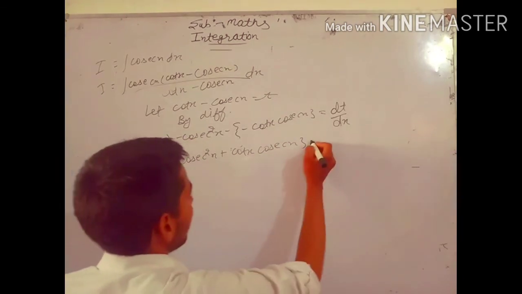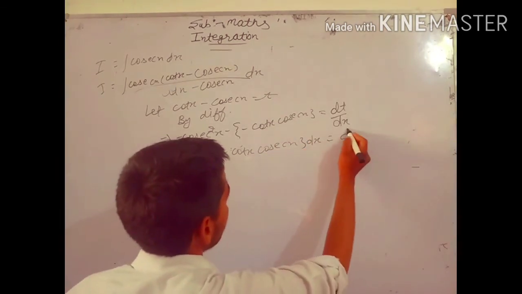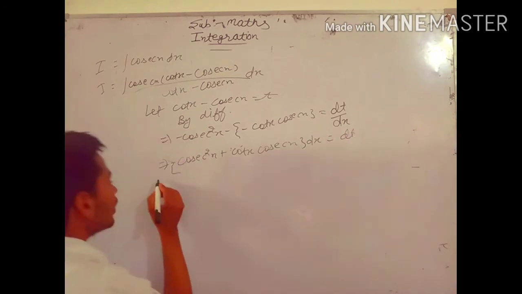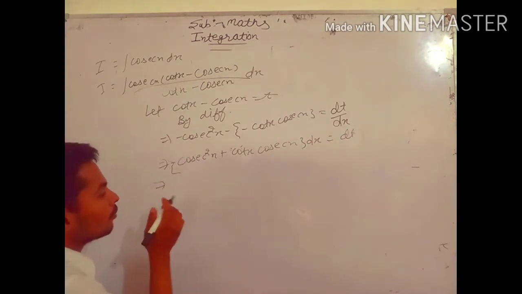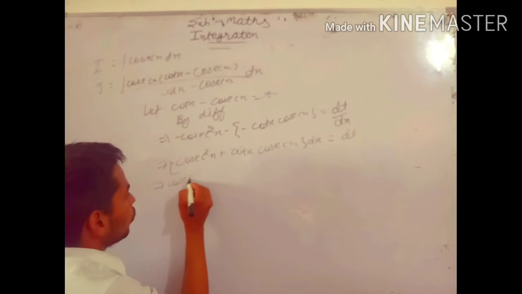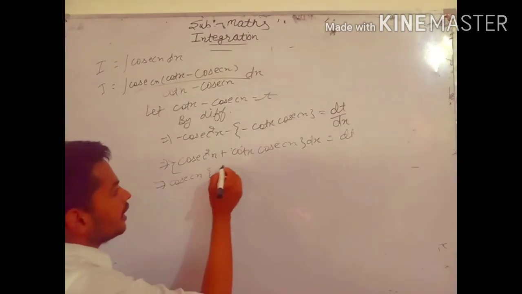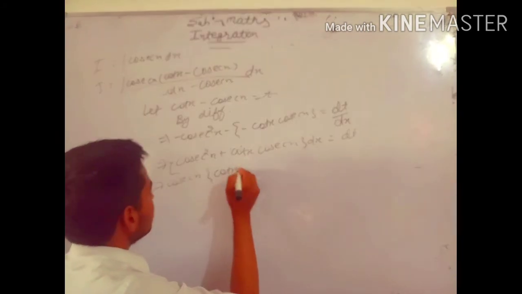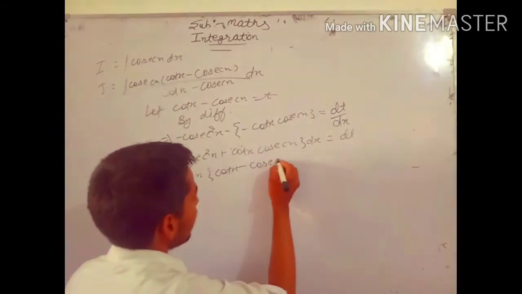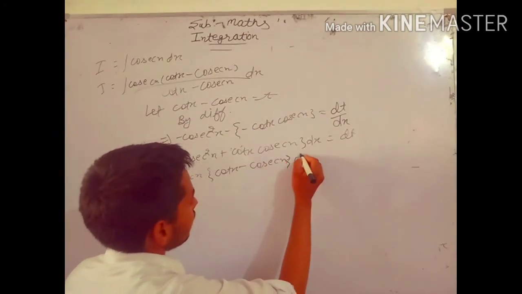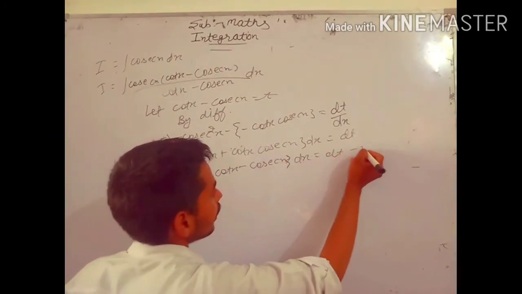Multiplying by dx, this is equal to dt. We can take out cosec x from both terms, so cosec x times (cot x minus cosec x) dx is equal to dt.